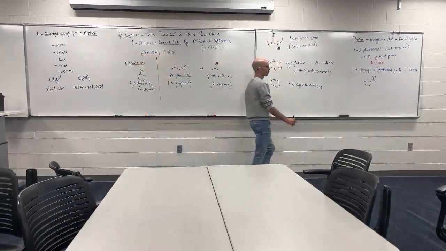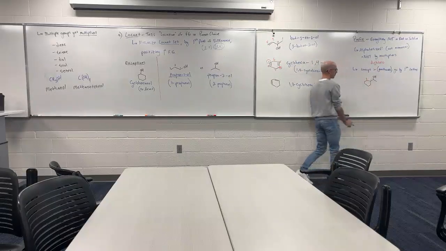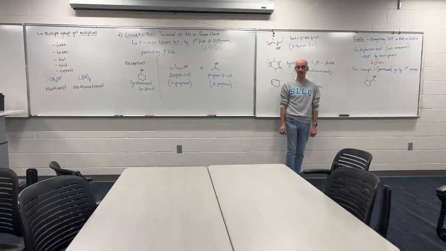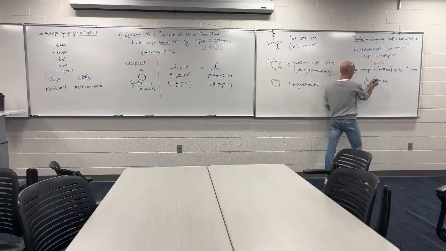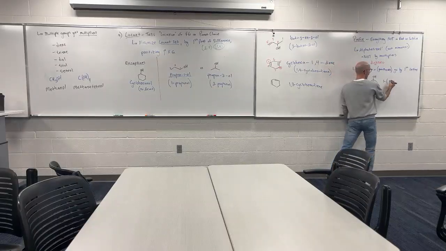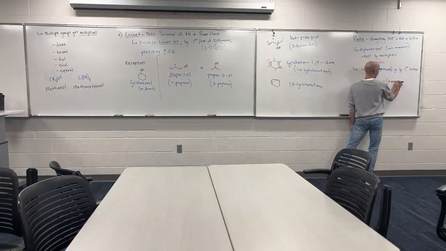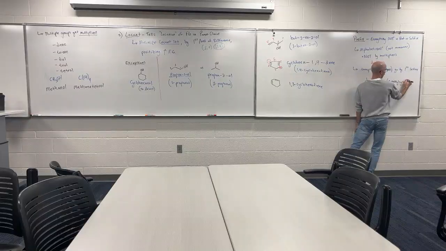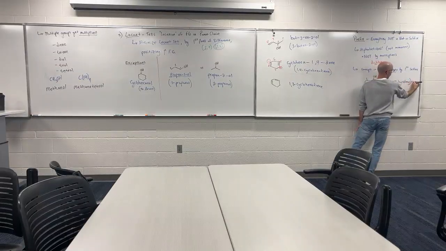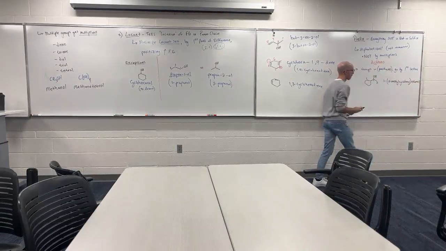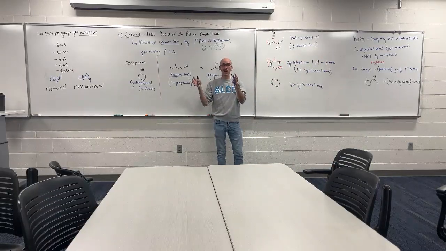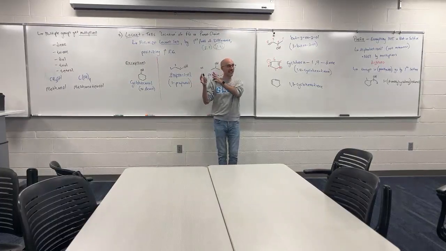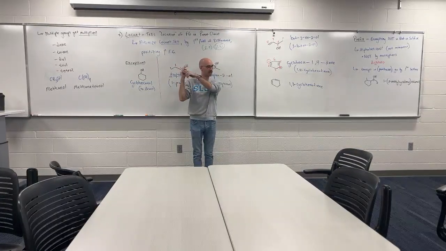But if this group was branched, like so, this is not cyclohexyl, it's now at the first position of ethanol, it is a 2-methylcyclohexylethanol. The substituent of ethanol is cyclohexyl, which has a methyl substituent of its own, coming off of its second position.